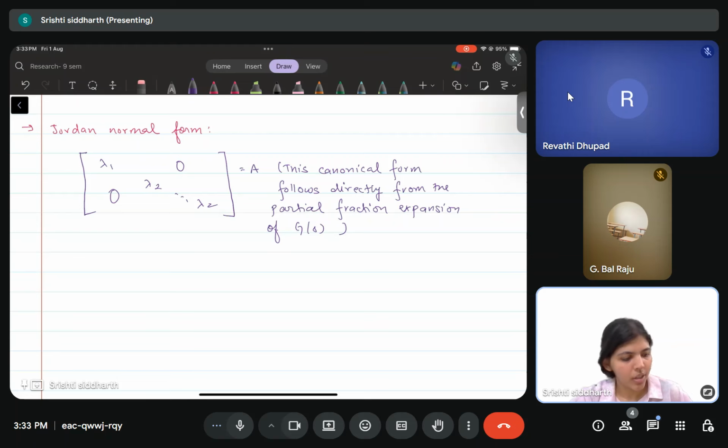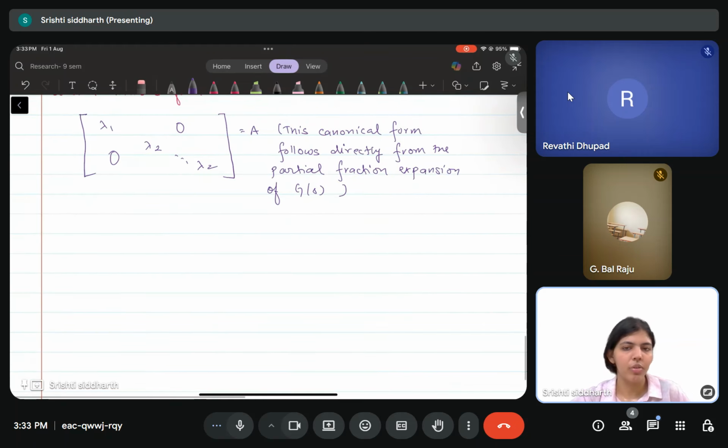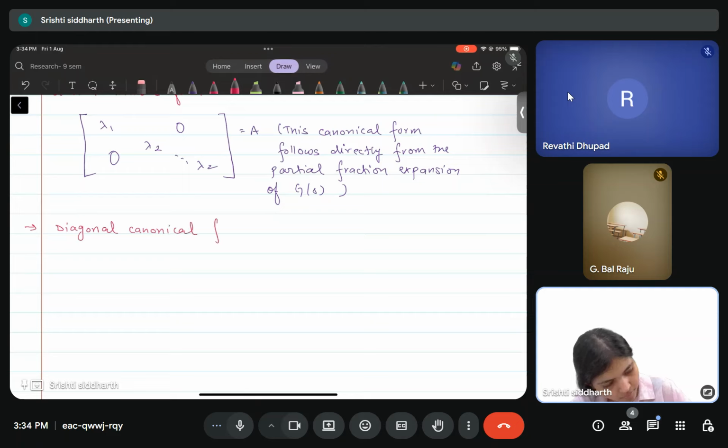Right. So let's look at the simplest case, which will have distinct eigenvalues. So it's case 1, diagonal canonical form for distinct eigenvalues.